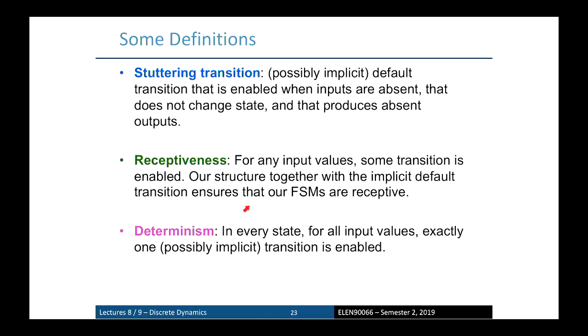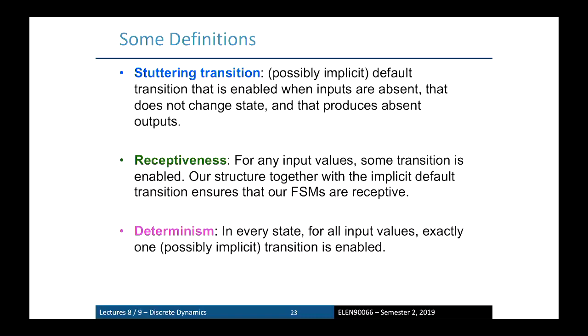If you've got implicit default transitions, because you might think about it as a time-triggered stuttering model, then that's okay. Then it's always receptive. It's always going to be doing some state update, even if it's updating itself with its own state. It's just loading the next state being the same thing. So receptiveness and stuttering transitions are important.